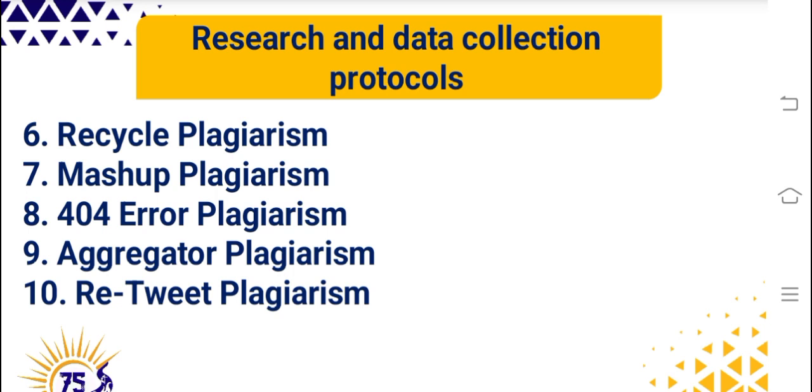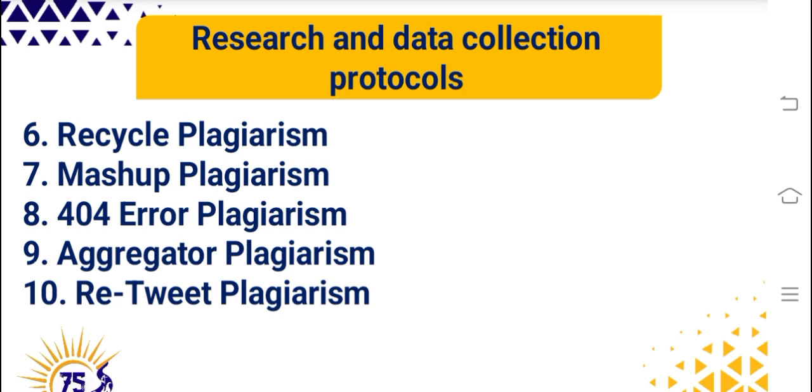Number 7, mash-up plagiarism. It is when the written document is copied from more than one source and all are mixed together without proper citation. Number 8, 404 error plagiarism.